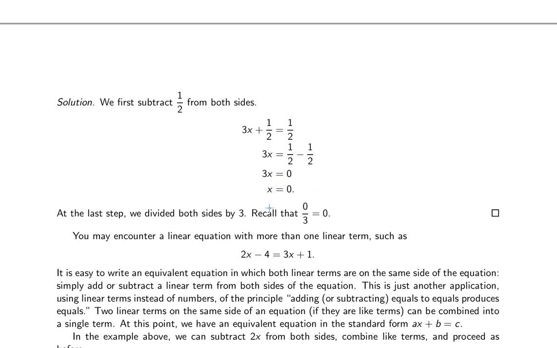3x divided by 3 is 1x, and 0 divided by 3 is 0. 3 goes into 0 0 times. So if 3 times x is 0, then x has to be 0.